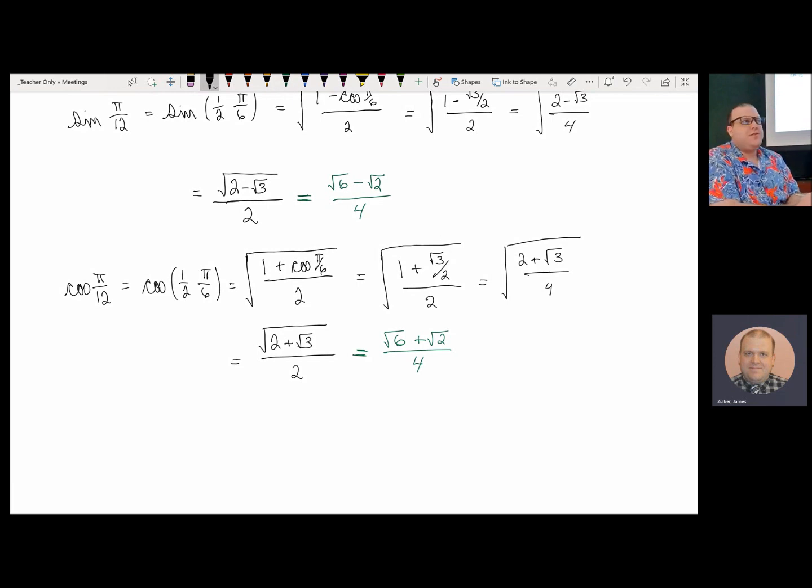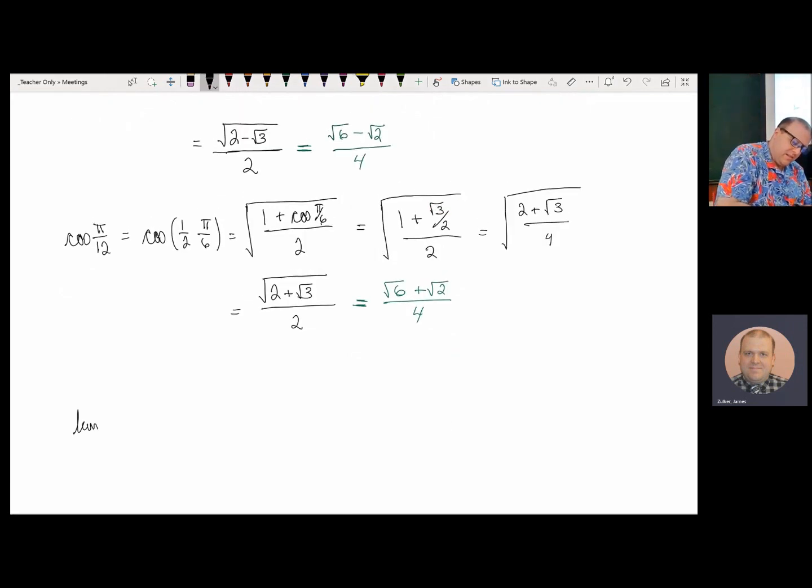Again, that must mean that the two values are identical. Tangent would be the square root of 2 minus root 3 over the square root of 2 plus root 3. Which of course you can write as a single square root.